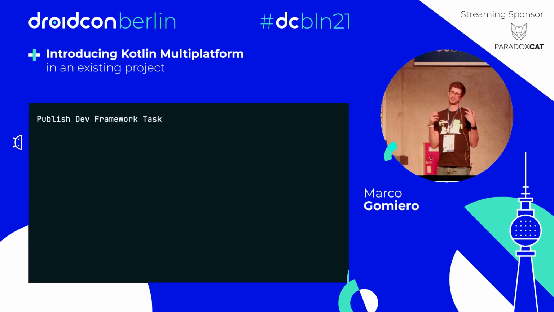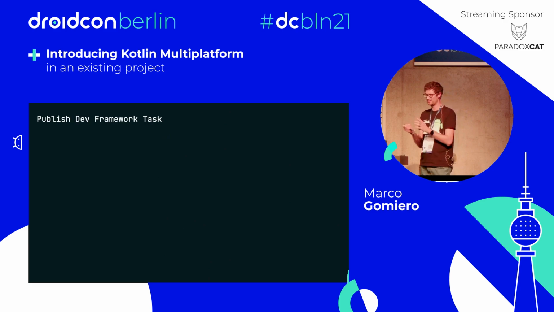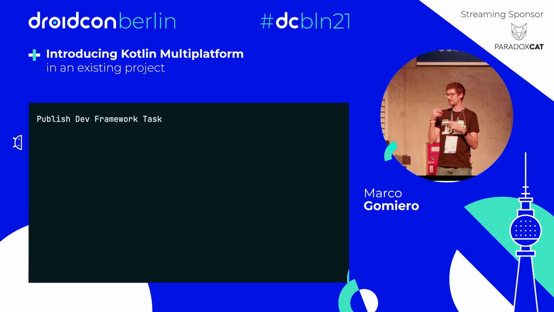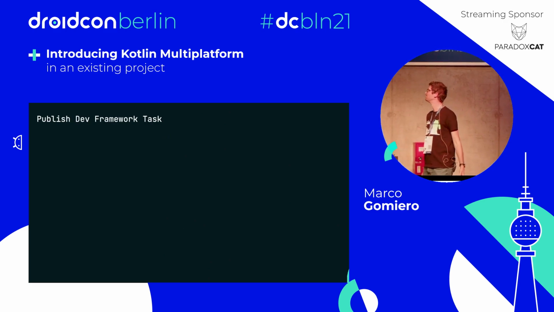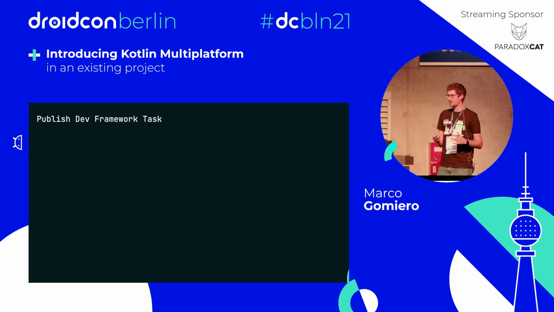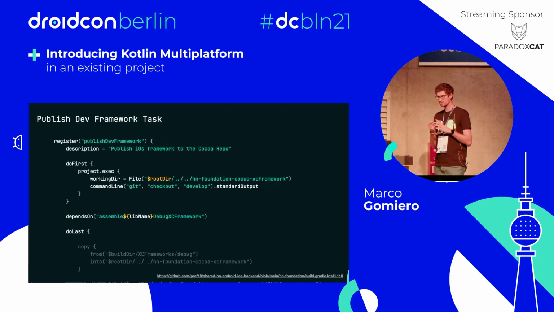All right, so many things to do. We have to build the stuff, move it to another folder, publish it, tag it, commit, all these many things to do. I'm lazy, so I don't want to do it manually, so I've created a custom Gradle task that manages everything for me with just a command. So this task, first of all, is going to switch branch based on the version that I want to build: develop for the debug version.